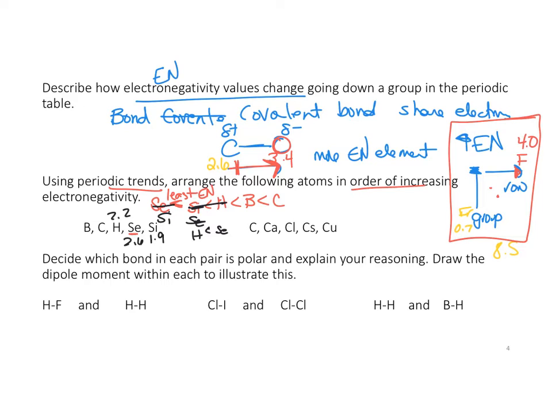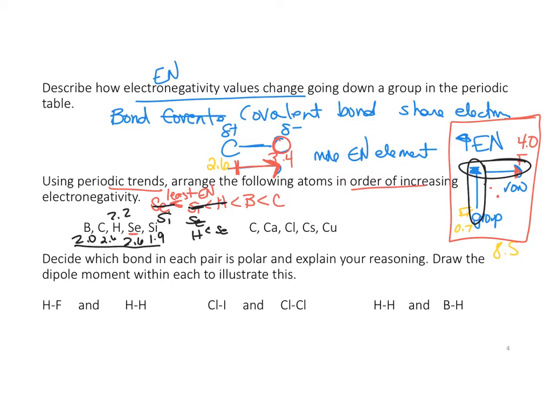And then boron is 2.0 and carbon is 2.6. Now what I'll normally do, if you don't have access to these values, is make sure they're either all in the same group or all in the same row, so you can apply your trend.